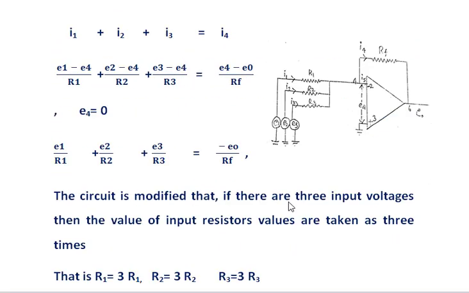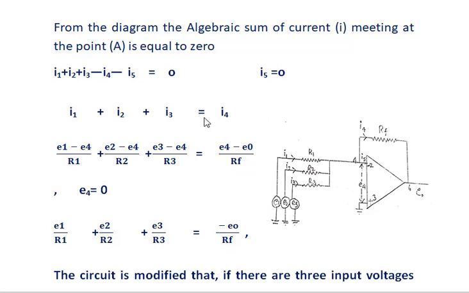From this diagram, we know that the algebraic sum of the currents meeting at point A is equal to 0. I1, I2 and I3 are passing through this point, so they are taken as positive: I1 plus I2 plus I3.